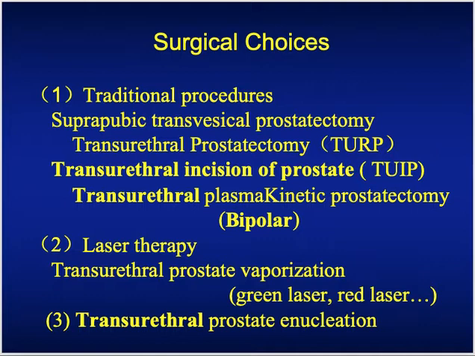Before, what they did was open prostatectomy, but nowadays we have special ways to do this. A suprapubic transvesical prostatectomy can be done. Transurethral prostatectomy can be done, which is done through the urethra. It is called TURP. Transurethral incision of the prostate can be done, which is TUIP.